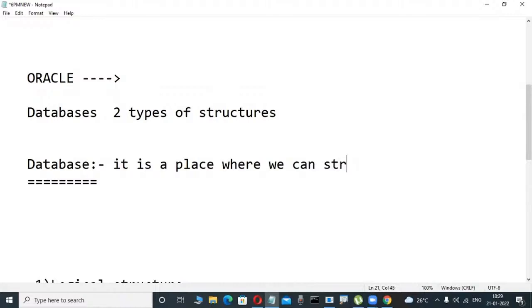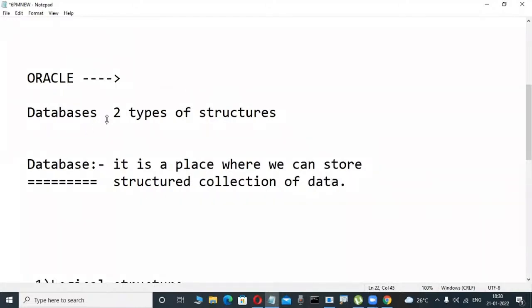They tell only that: a structured collection of data. What is data, what is information, what is DBMS, that is later.